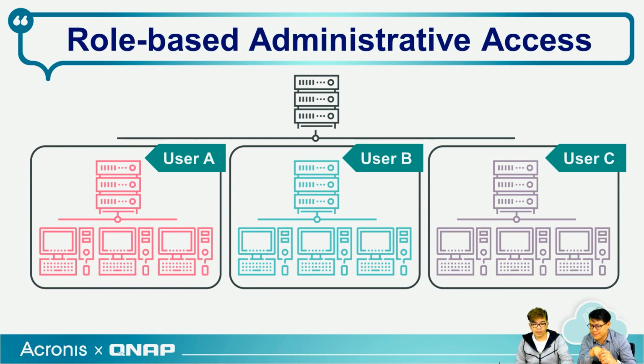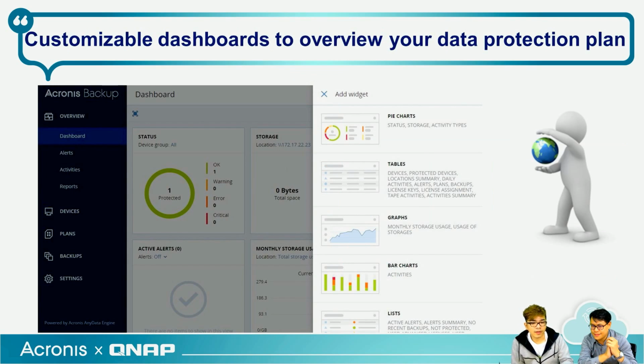Okay. And then you can customize your own dashboard, right? Yes, they provide more than 20 styles of dashboard, so you can control all your backup tasks by your own choices. Because different charts can show different stories, right?